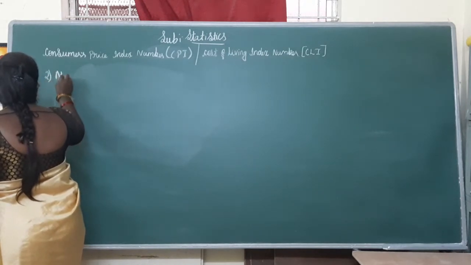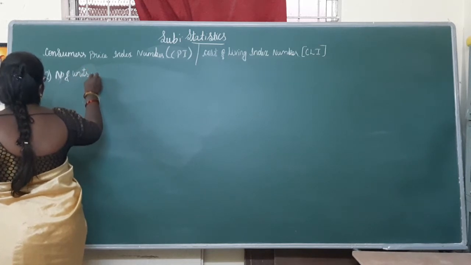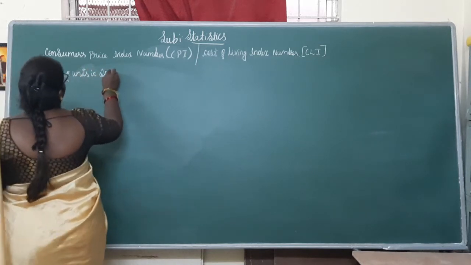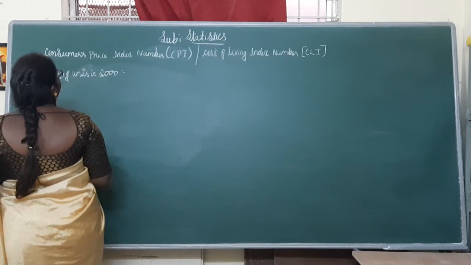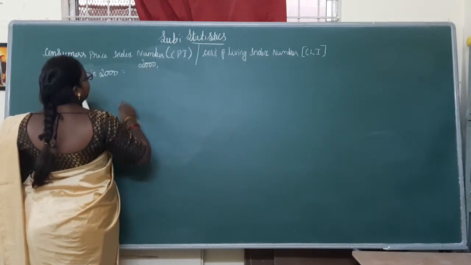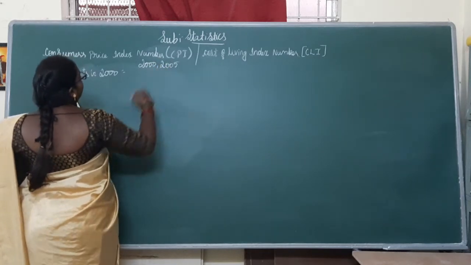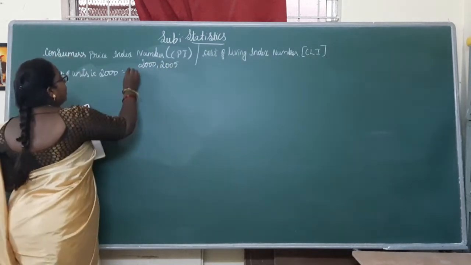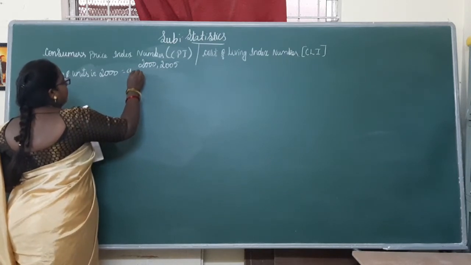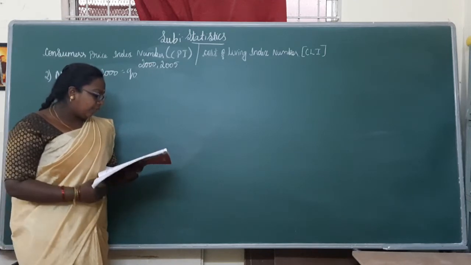Number of units in 2000, that is my base year. They have given 2 years, one is 2000 and one is 2005. So 2000 is my base year. So quantity for my base year, that is Q0, is given. Then price for 2000 and 2005 are given.